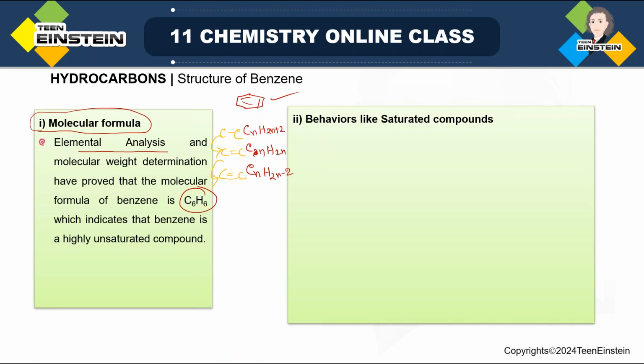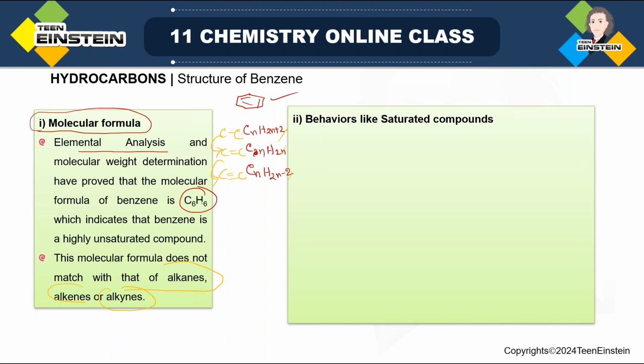From the carbon and hydrogen ratio, we can say that unsaturation is very high in the benzene molecule, whatever its structure. This molecular formula does not match with alkane, alkene, or alkyne, because you will not be able to match it with any of these general formulas.